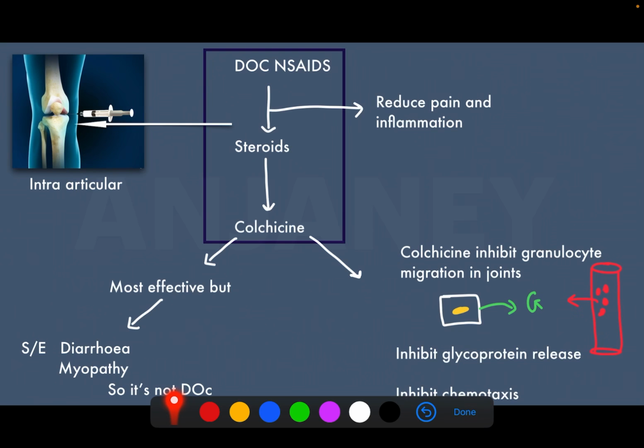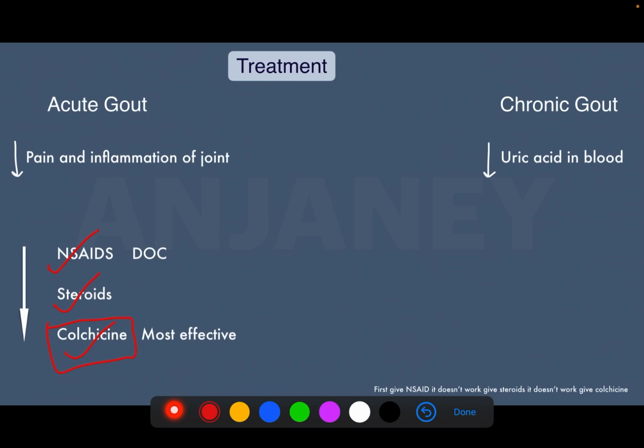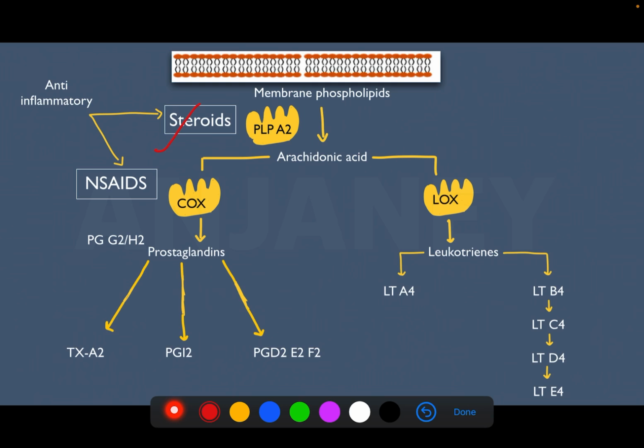In chronic gout, you just have to lower the uric acid in the blood. Now, first we gave NSAIDs to the patient. The chronic episode of gout was not healed. Then we give steroids. Now, mind it, it's a wonderful concept that these drugs, steroids and NSAIDs, are decreasing the substances that are responsible for inflammation, right? So there won't be inflammation.